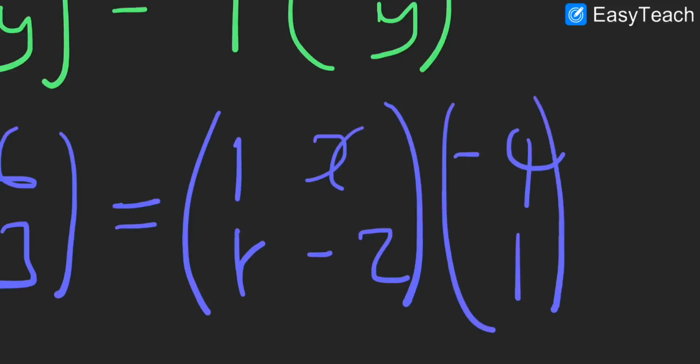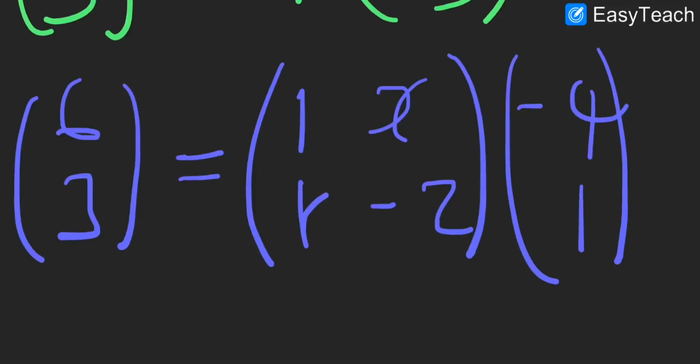Now we have to multiply this one by this one. As usual, in matrix multiplication, we take this one times this one plus this one times this one, then this one times this one plus this one times this one.